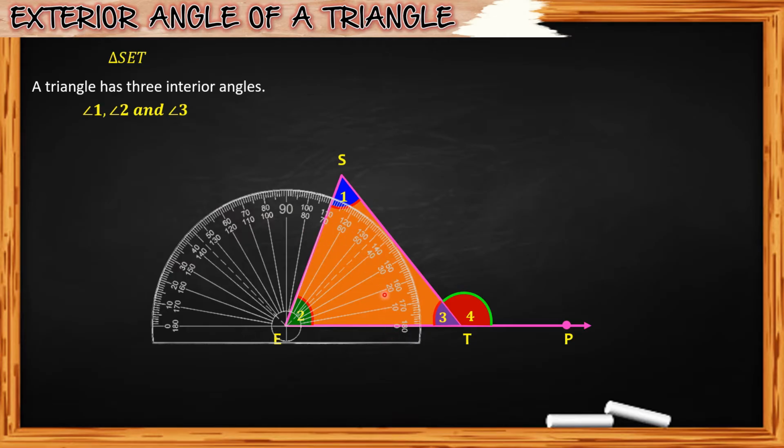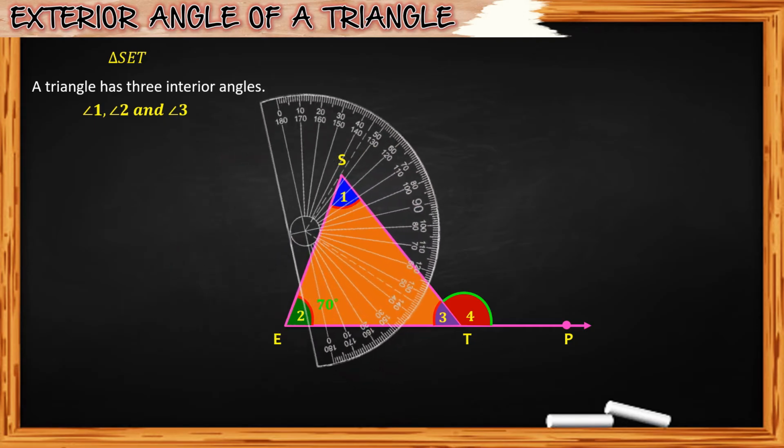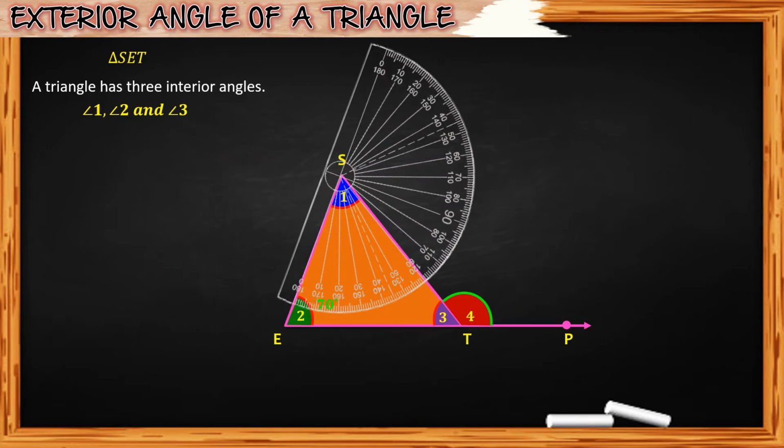So we have 0, 10, 20, 30, 40, 50, 60, 70 degrees. Now let's have the measure of angle 1. Align to one side starting at 0 and the center must be at the vertex which is point S. So we have 0, 10, 20, 30, 40, 50, 60 degrees.